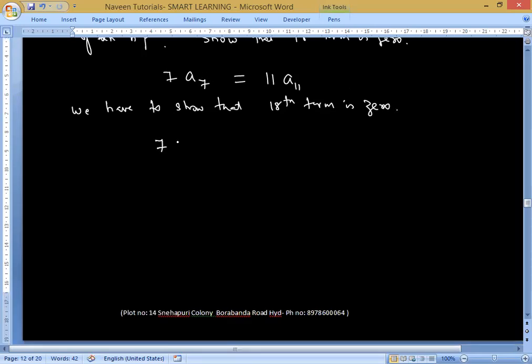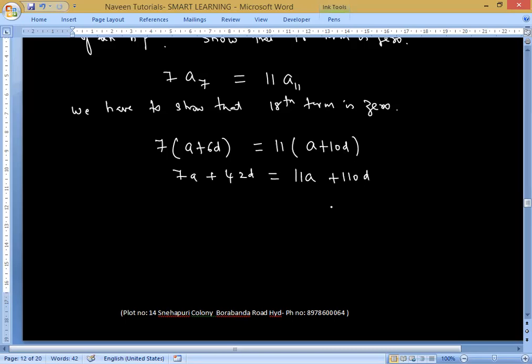Then I'll write A7 as A plus 6D. Again, A11 as A plus 10D. If I multiply 7 into A, 7 into A is 7A, 7 sixes are 42D, is equal to 11 into A, 11A, 11 into 10 is 110D.